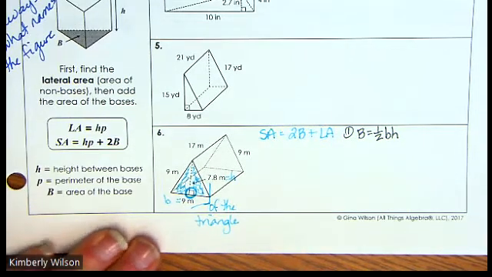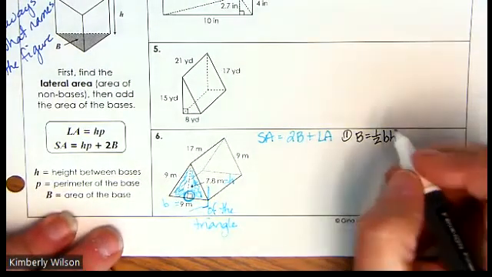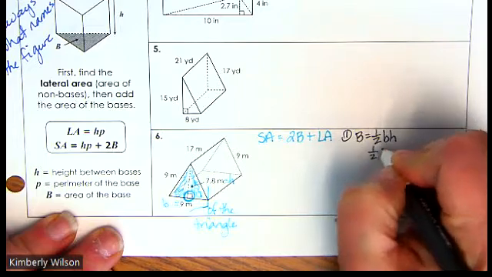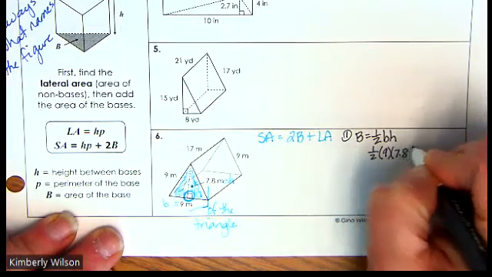All right, so now we plug and chug that information to find what B is. What the capital B is, the area of the base. So I'm going to have 1/2 times 9 times 7.8.